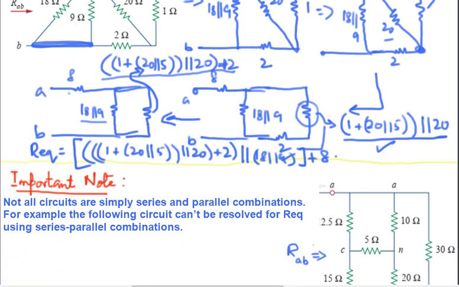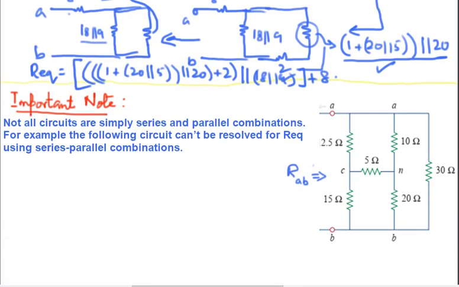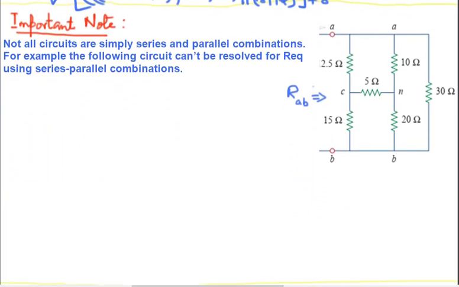One important note about series parallel combinations is that there are certain kinds of combinations which you cannot say are either series or parallel. For example, this circuit.